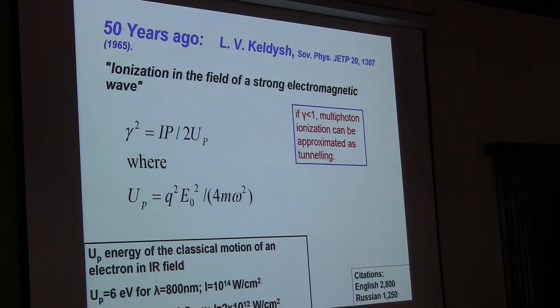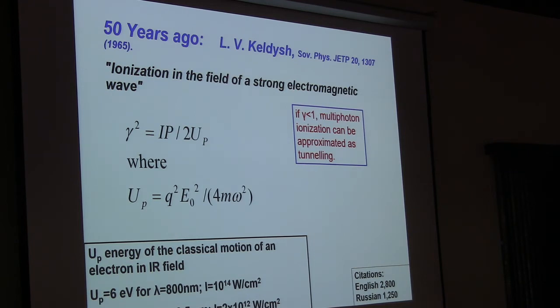People discovered that you could tunnel electrons from atoms below their barrier, and the electron just appears in the continuum. So he said exactly the same mathematics applies. You can think about this almost as if the field were static, even though the laser field can be quite high frequency and still satisfy this condition.